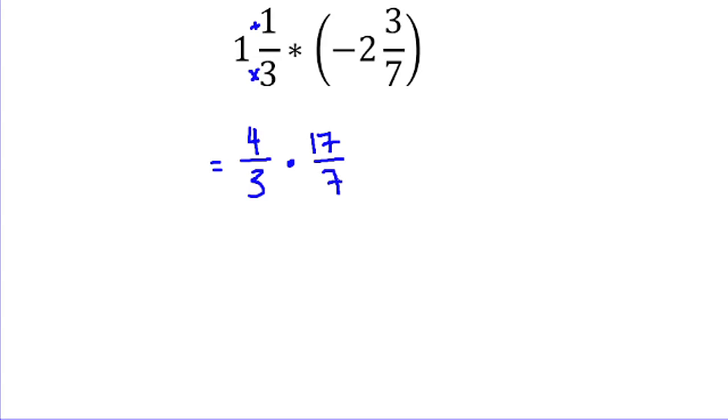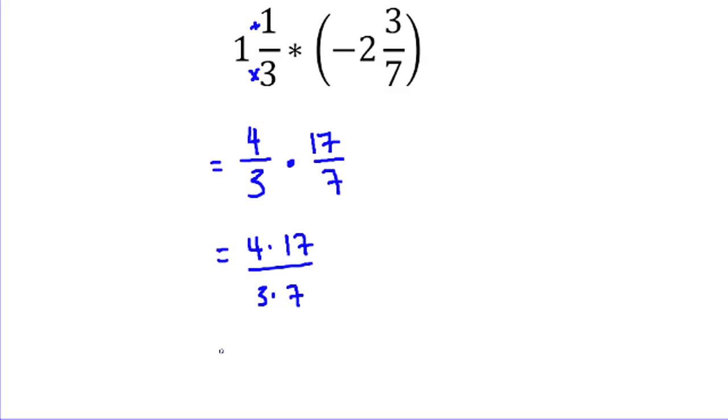7. And now I'm going to put those together, 4 times 17 over 3 times 7, and look for any places where I can simplify. There are no common factors with the 4, and there are no common factors with the 17.